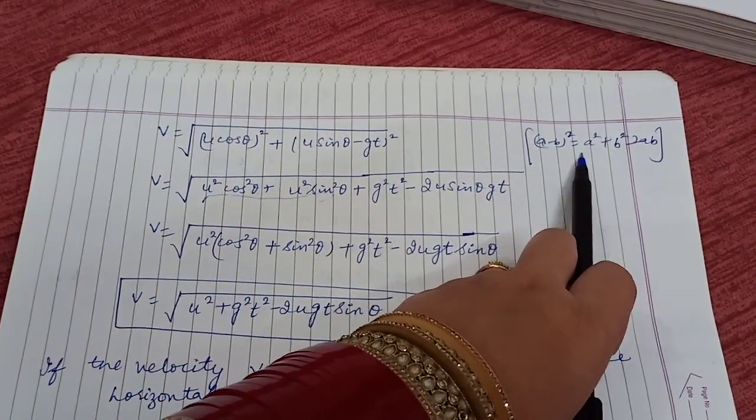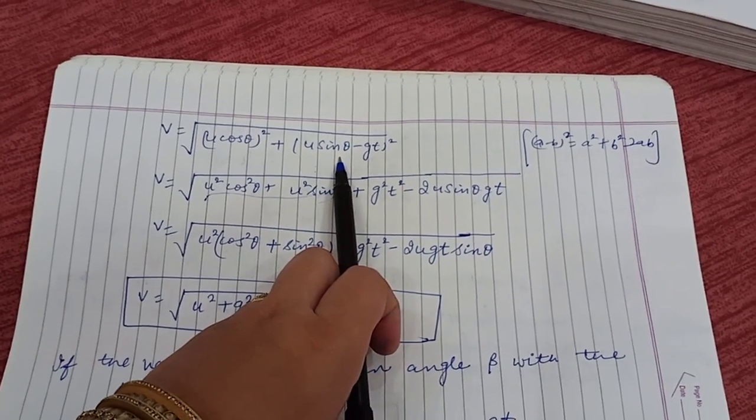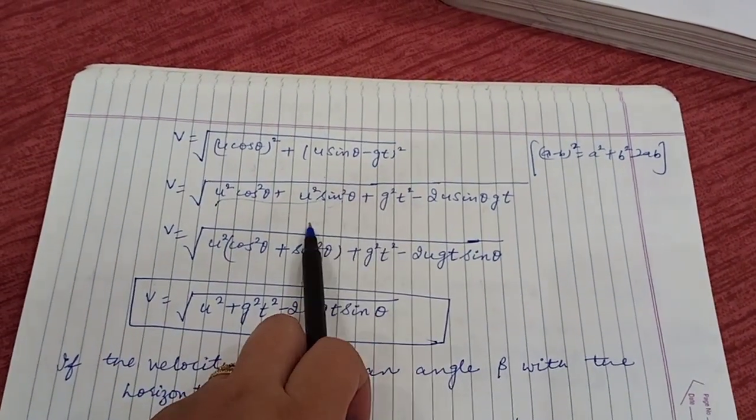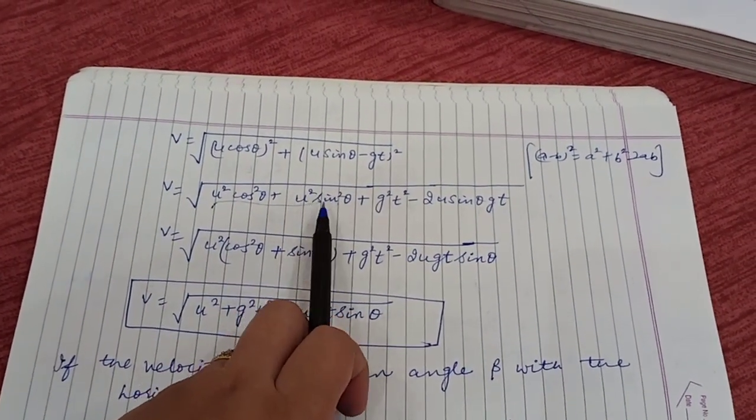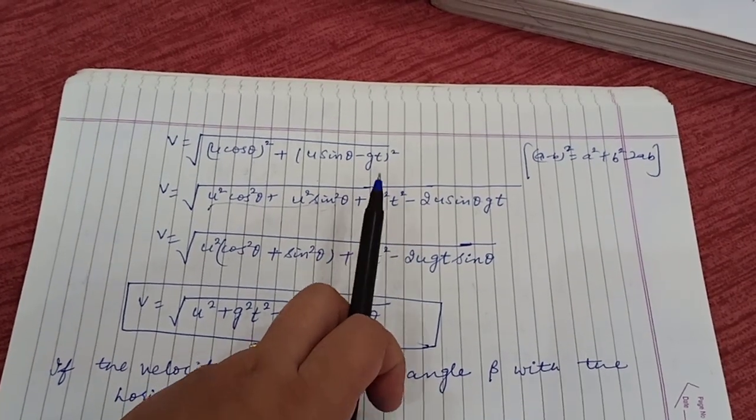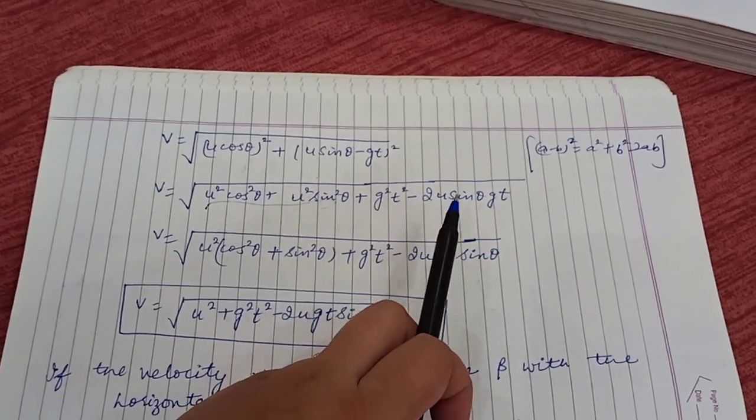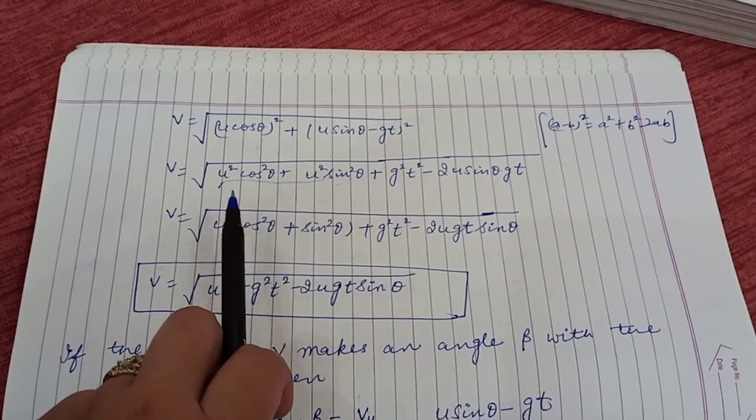So we can use this formula here. We get u square sin square theta plus g square t square minus 2u sin theta gt.